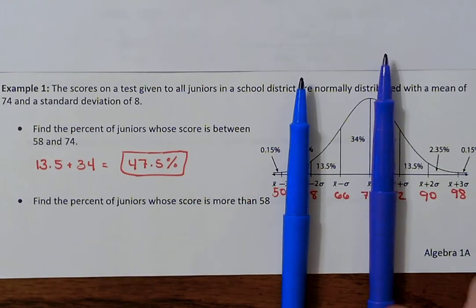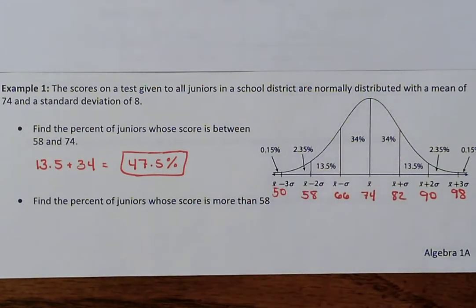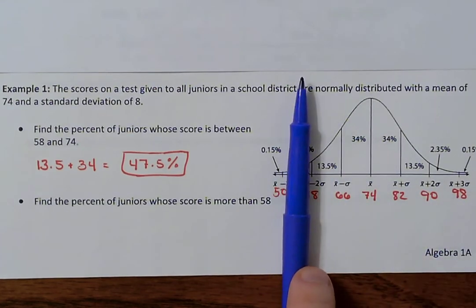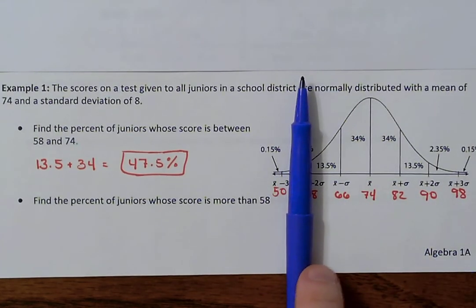So we need to find the percent of juniors whose score is more than 58. So we're going to go to 58. So 58 is going to be right here, and we want more. So we want numbers that are larger than 58. So we're going to go right here, and the numbers to the right of 58 are the numbers we want.